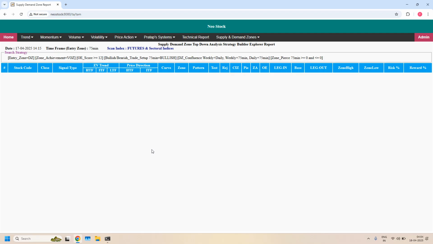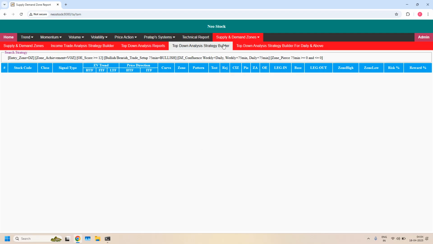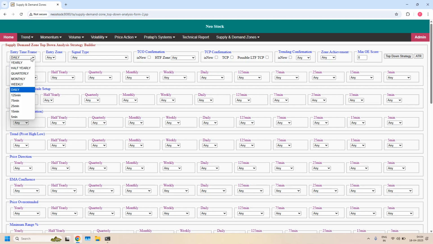Next we will look into bearish trade setup for weekly income trade. Entry time frame 75 minutes. Entry zone, supply zone. In bullish or bearish trade setup at 75 minutes, I am selecting bearish. Zone achievement violated opposing zone. Minimum odds and hands score 12.